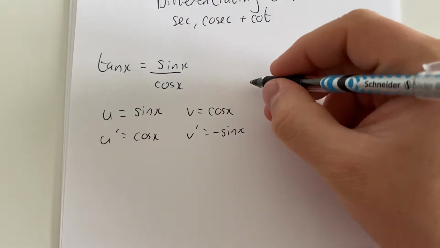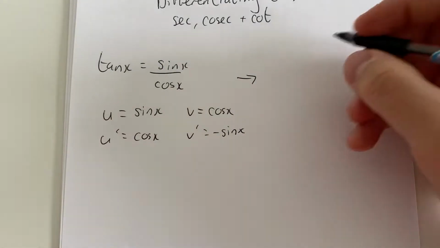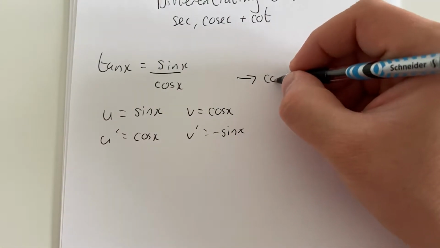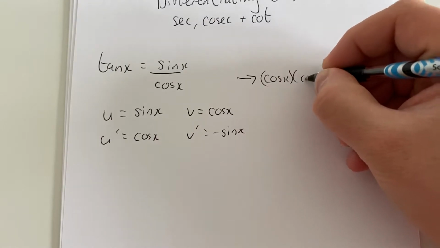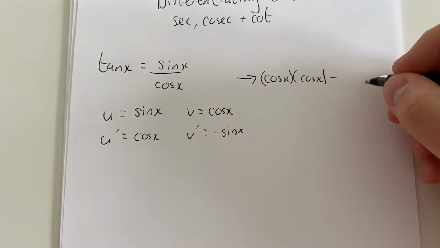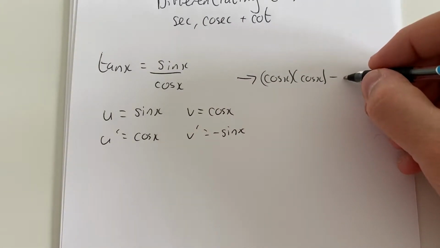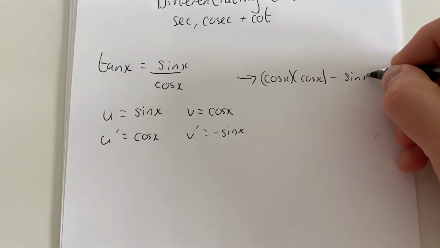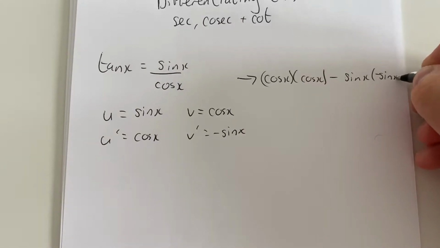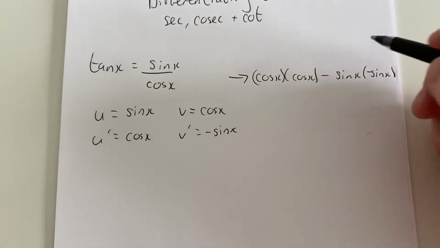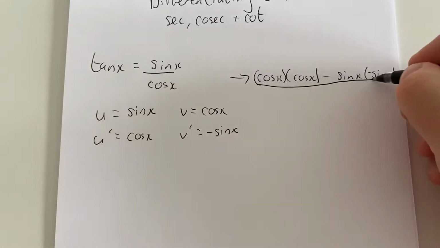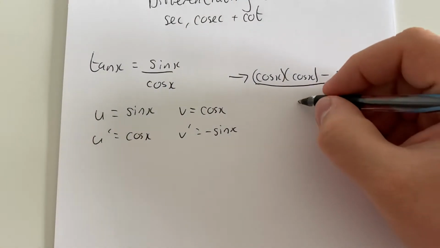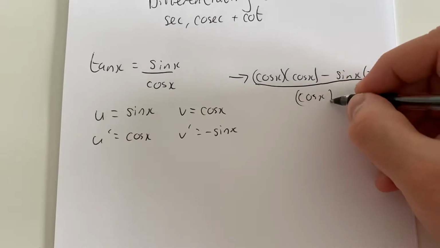That would mean that if we put it into the formula, u dash v, so cos x times cos x, minus uv dash, so you have sine x times minus sine x. Well actually, I've got to put my v squared on the bottom first, over cos squared x.